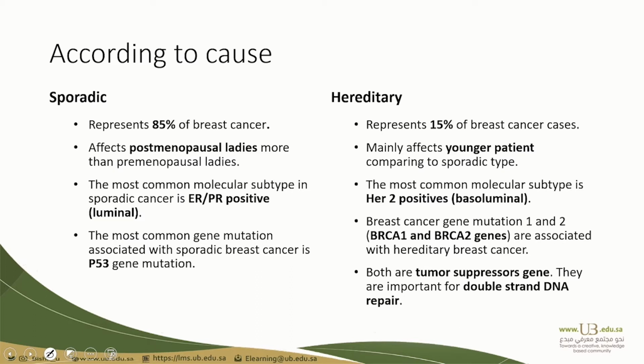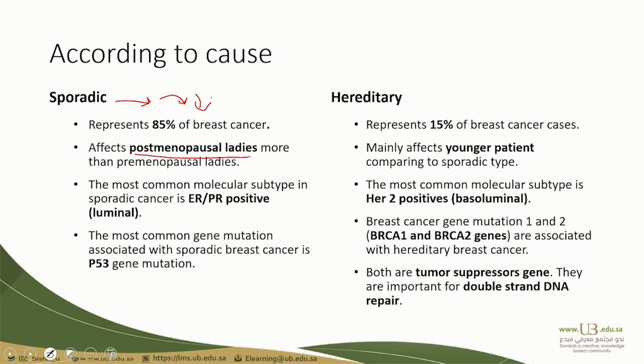But as we said, it is sporadic, so it means that the mutation will be in the somatic chromosomes and it is not in the germline. So we don't have germline mutation, we have here somatic mutation, so it doesn't go to generations.